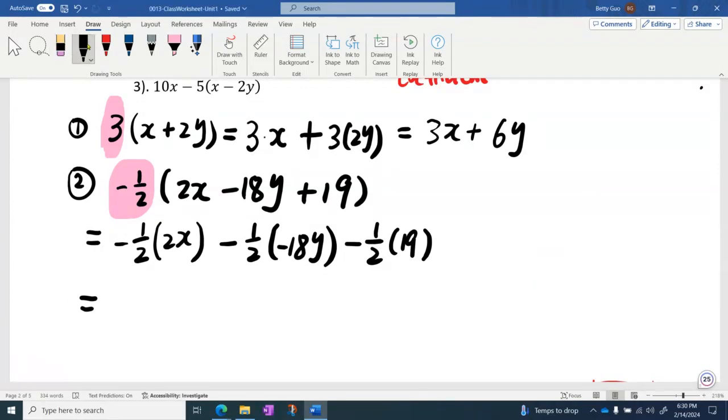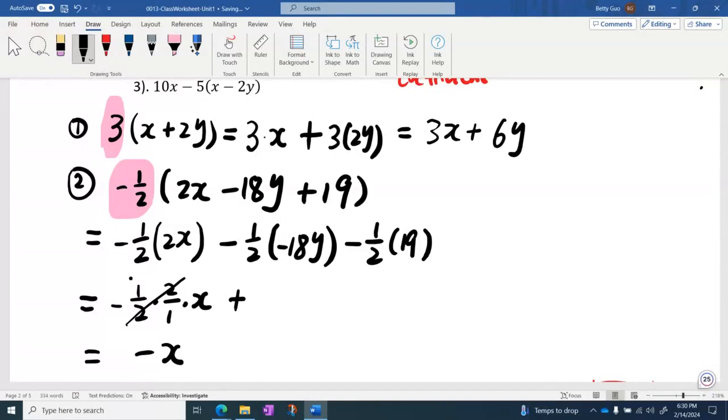Now let's simplify. -1/2 times 2x. 2x is 2/1 times x, right? And you see 1/2 times 2/1, they cancel each other. So the first term is -x. And the second term, -half times -18y, we have a positive.